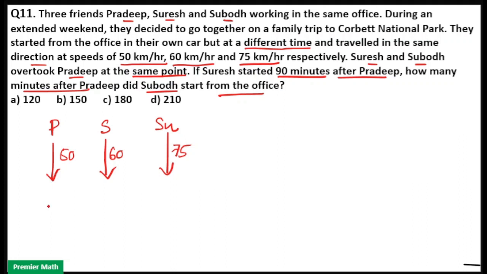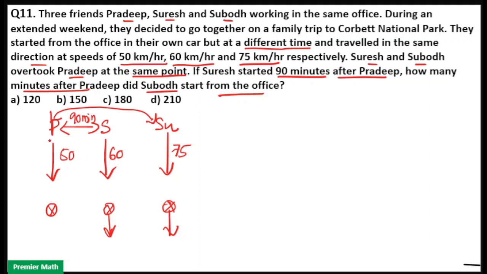So, on the way at a point, Suresh and Subodh overtook Pradeep at the same point. If Suresh started 90 minutes after Pradeep, that means the time difference between Pradeep and Suresh is 90 minutes. How many minutes after Pradeep did Subodh start from office? So, we have to find out the time difference between Pradeep and Subodh.